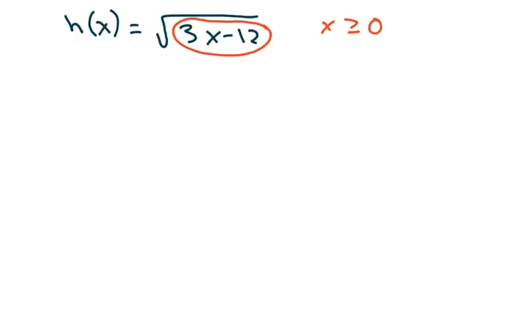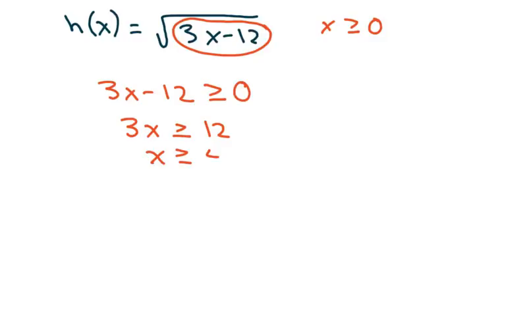So that's what we're going to do. We're going to set 3x minus 12 greater than or equal to 0. When I solve for x, I get 3x is greater than or equal to 12, so x is greater than or equal to 4.